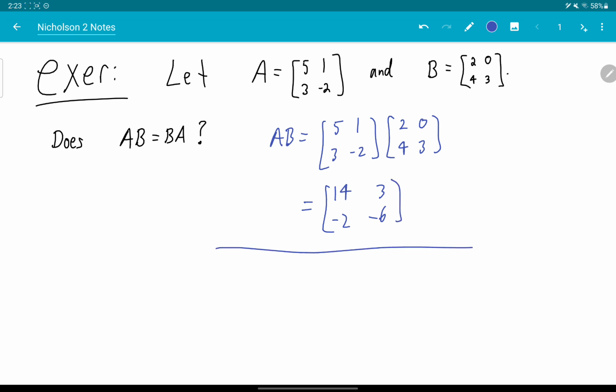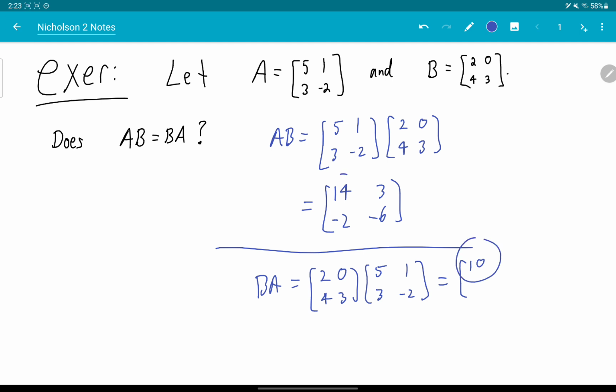Okay, there's AB. And then BA would be 2, 0, 4, 3, 5, 1, 3, minus 2. 10. Okay, right away. Right there I can see that this 10 doesn't equal this 14. So if this is my question, then the answer is no.